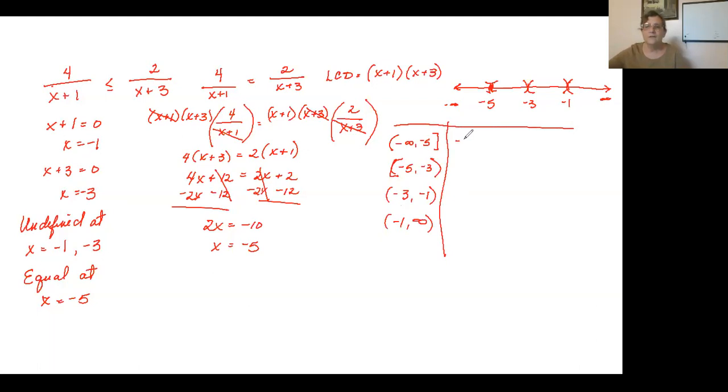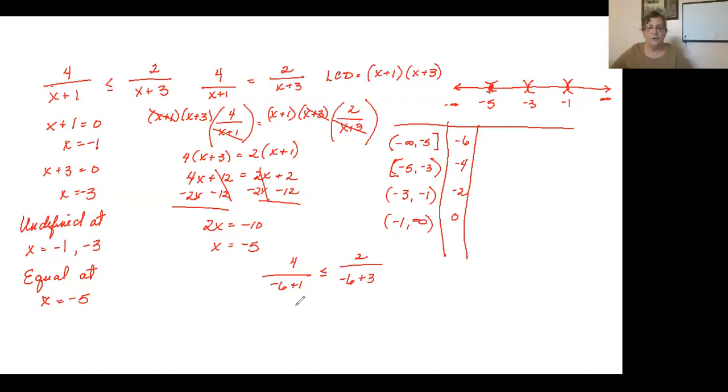My test values could be negative 6, negative 4, negative 2, 0. So when I put in the negative 6, I get 4 over negative 6 plus 1 is less than or equal to 2 over negative 6 plus 3.